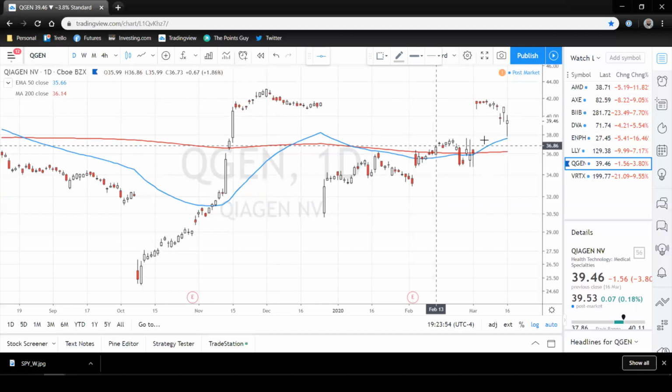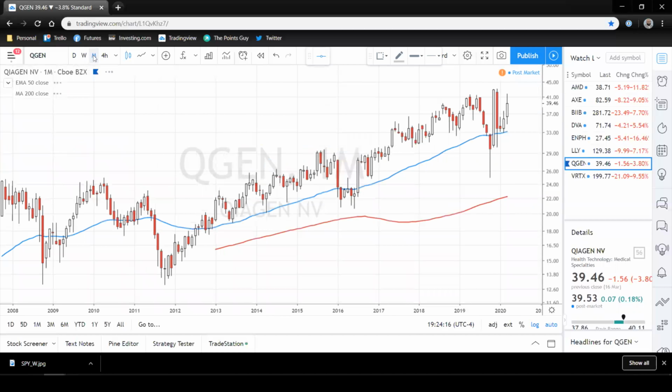I would wait until tomorrow or maybe middle of the week to see how it trades. But it surely has a clear indication that today it went as low as 37 and it ended up closing above 39. So there is certainly some interest in this stock.